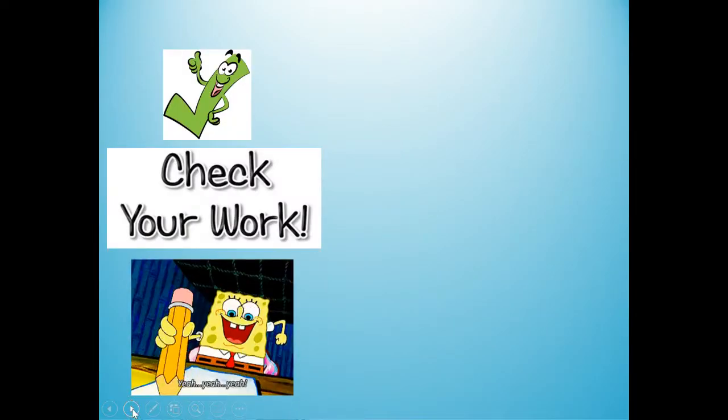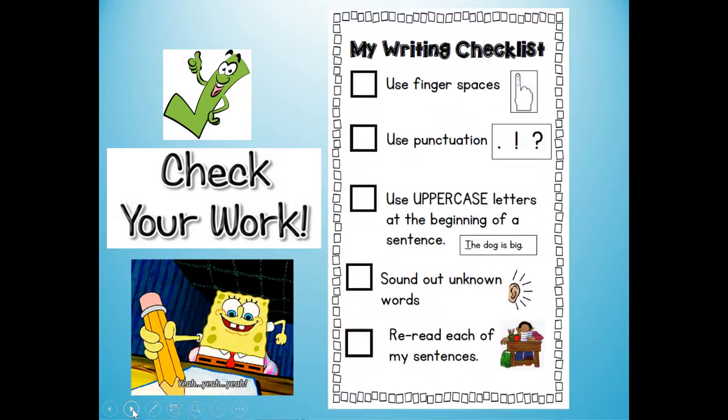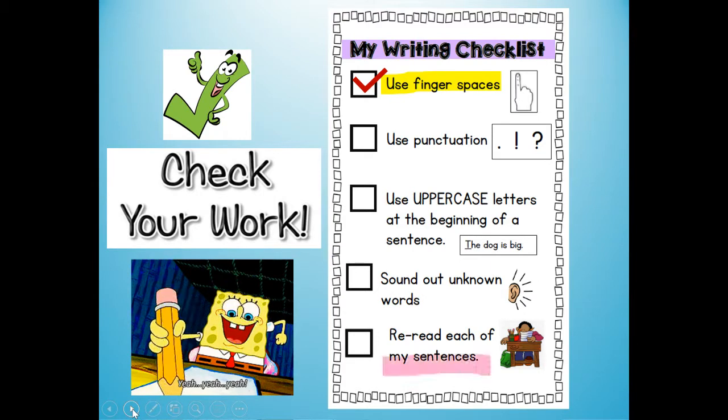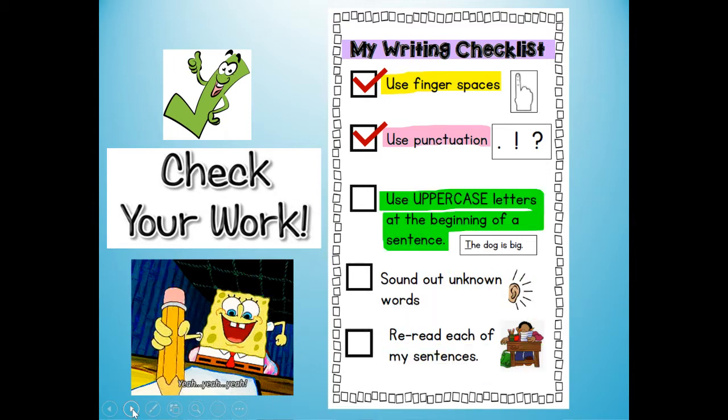Time to check your work. Look at your 4 sentences and look at my writing checklist. Did you use finger spaces between each of your words? Make sure you check that. And if you didn't, make corrections. Did you use punctuation or put a period at the end of your sentence? Did you use uppercase letters at the beginning of a sentence or capital letters for names?